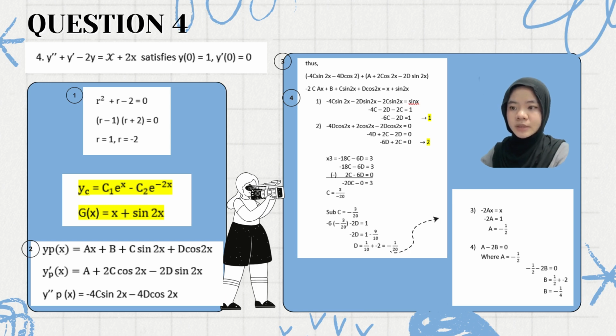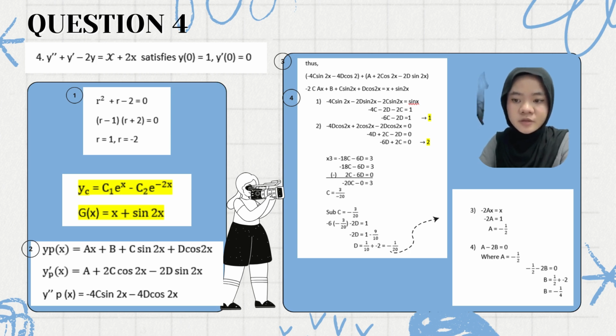r2 equal to negative 2, and then use the formula g(x) equal to x plus sin 2x, and then get the yp prime and yp double prime, and then use equation 1, substitute c, so we get negative 6 multiply negative 3 over 20 minus 2d equal to 1.